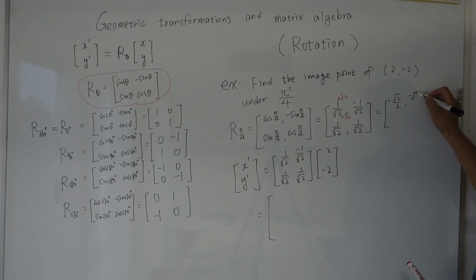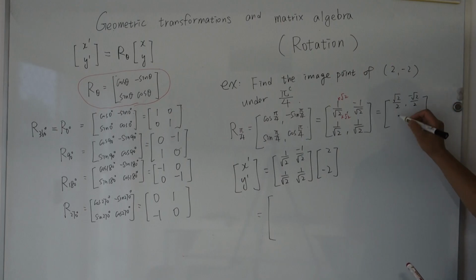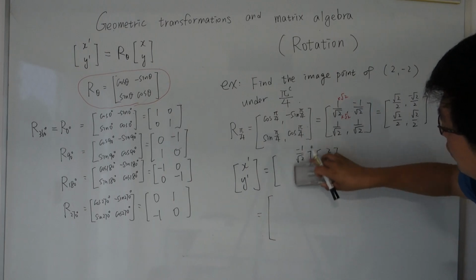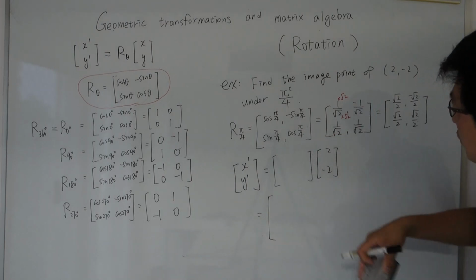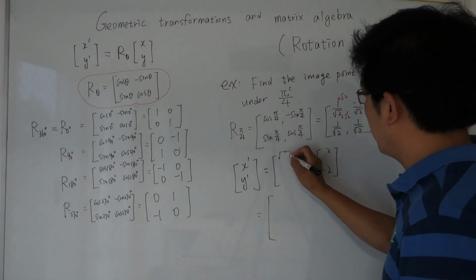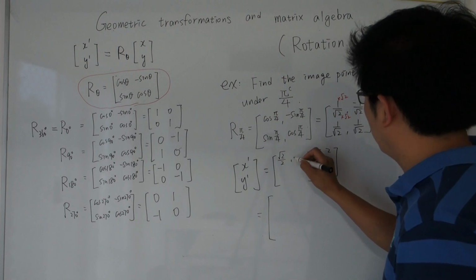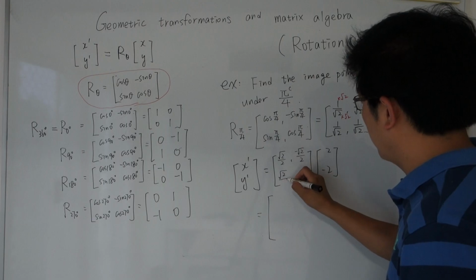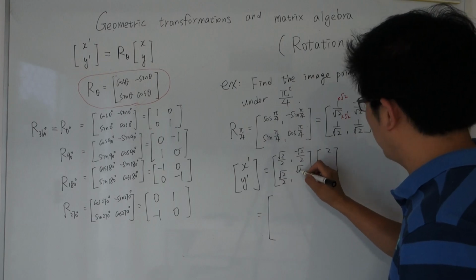And the negative square root 2 over 2, square root 2 over 2 and square root 2 over 2. Okay? That's the new matrix.